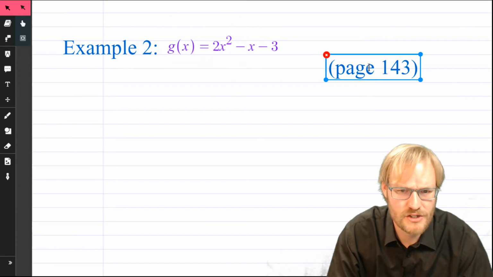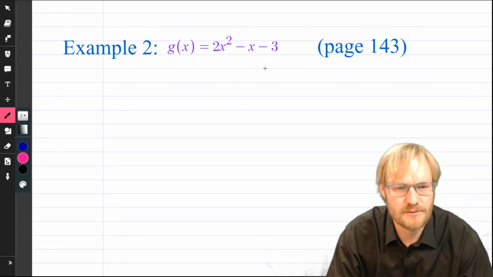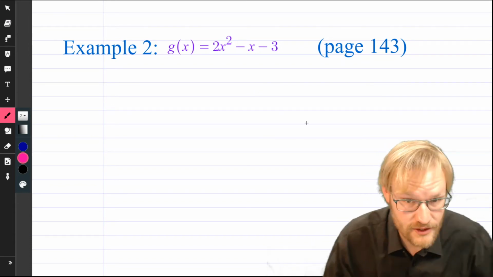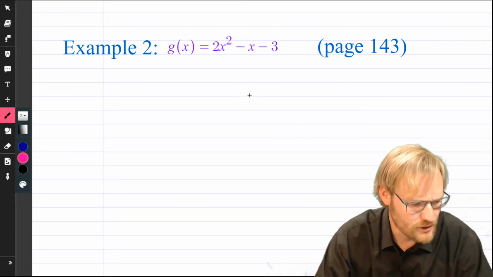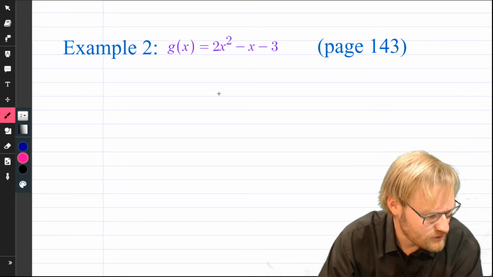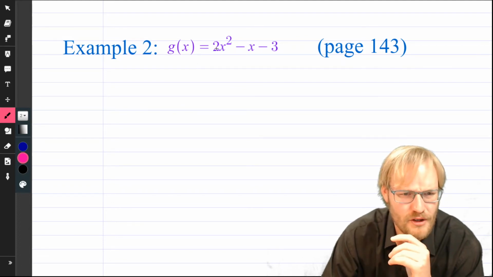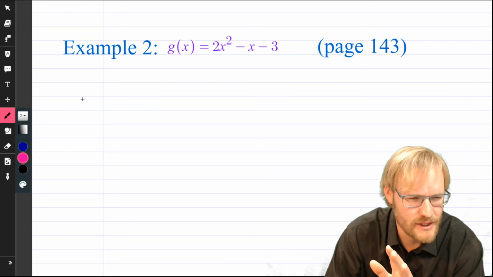So we're given now that g of x equals 2x squared minus x minus 3. And this is the same example from page 143, but we're going to use our quick way of doing this, as opposed to completing the square and doing a few things, which is more complicated than we need right now. So what is that one new thing we needed to remember? p equals minus b over 2a.